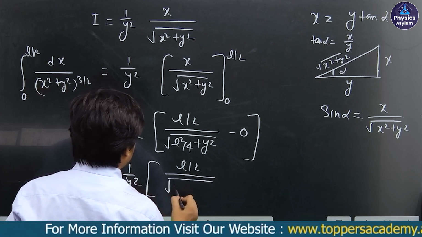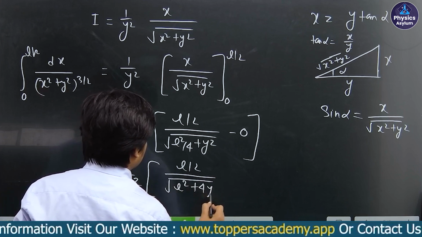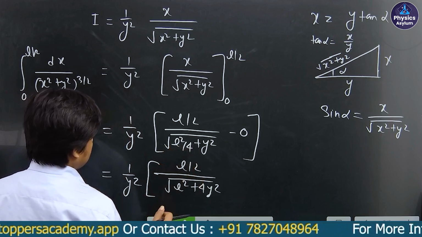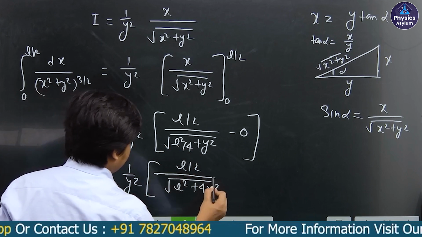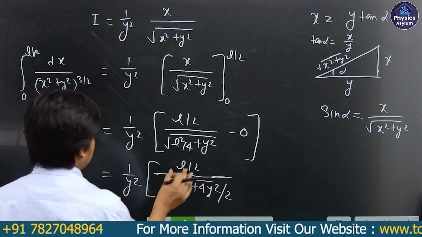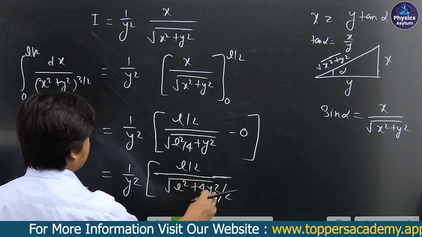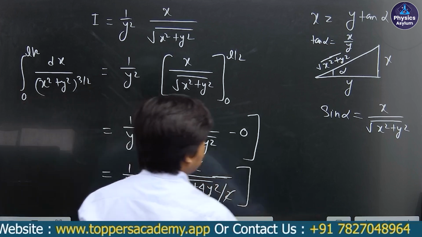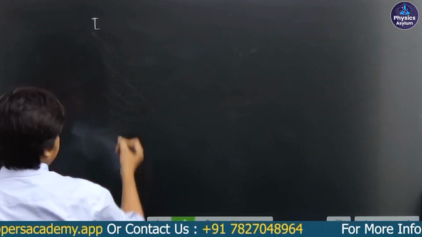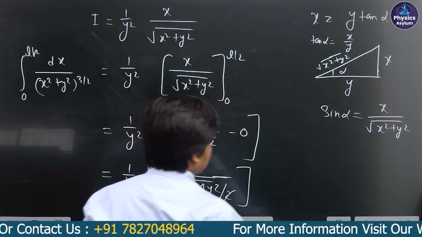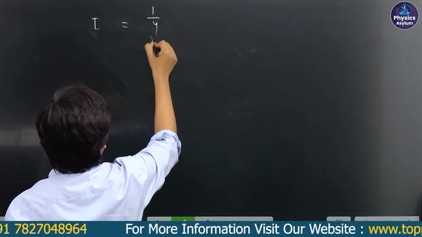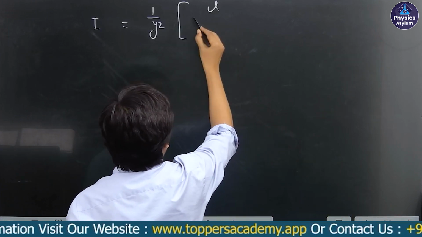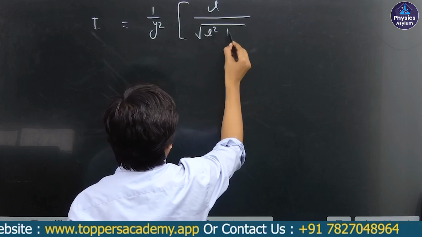If a 4 is taken common, there will also be 1/2 here, and this 2 cancels out this 2. So it becomes 1 over y squared times L divided by the square root of L squared plus 4y squared.